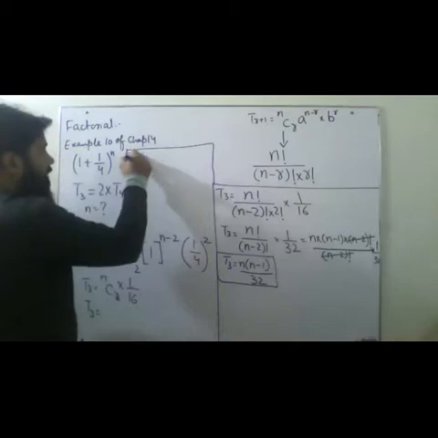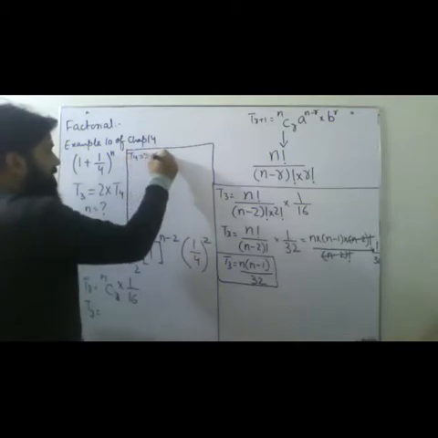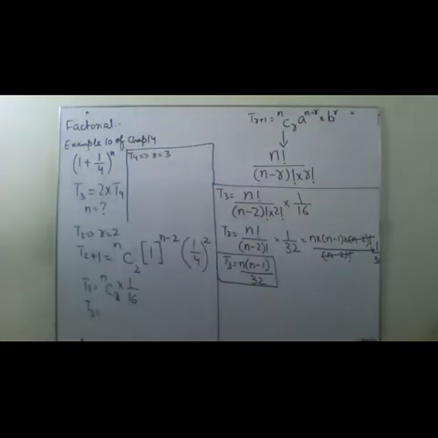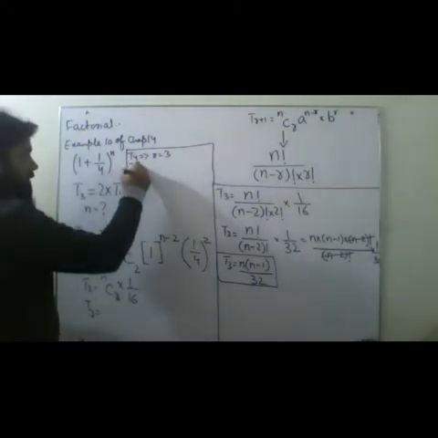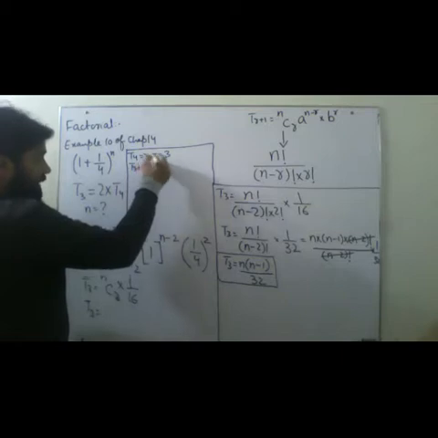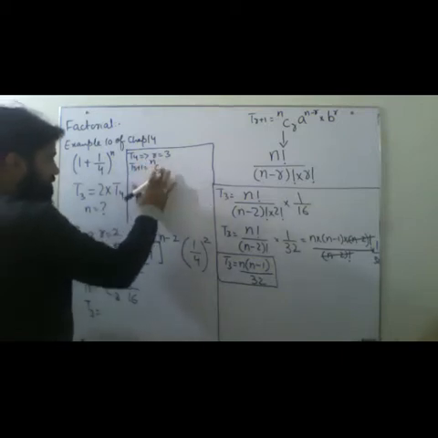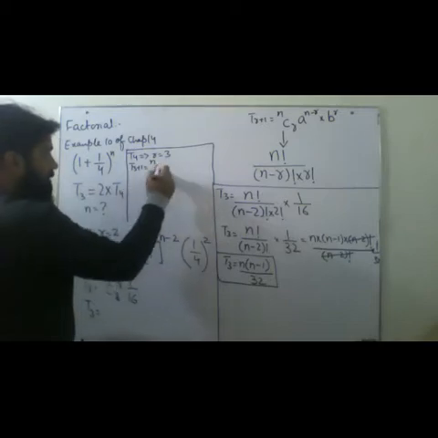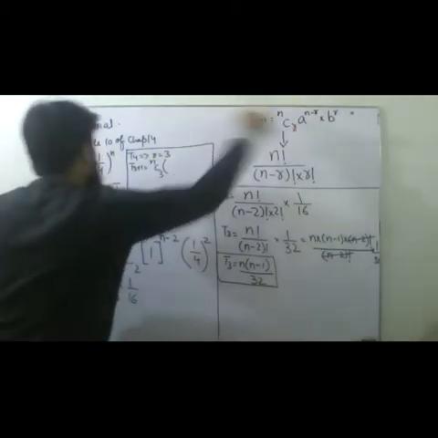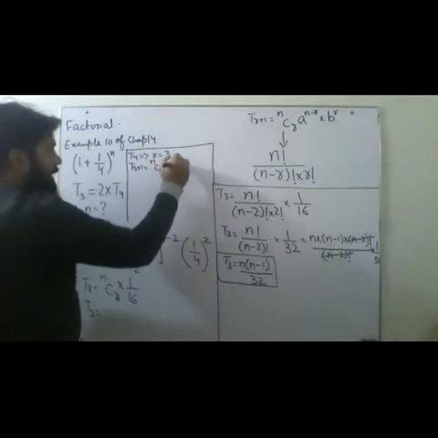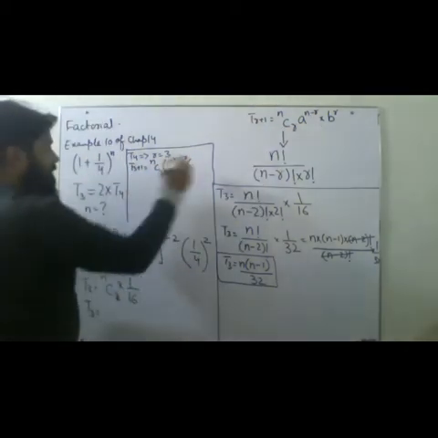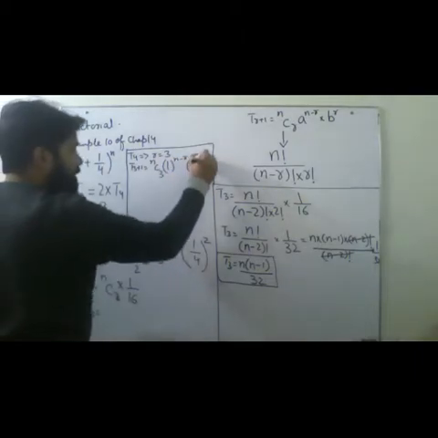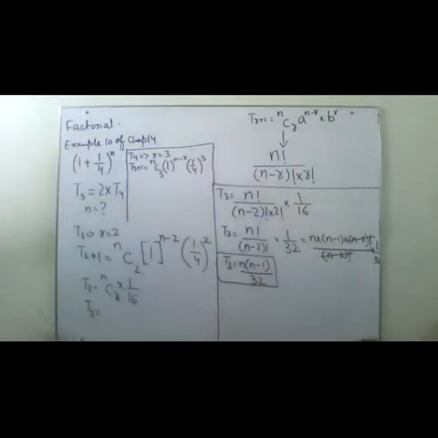When I go for T4, it means the value of r will be 3. Writing it in the form of a formula, 3 plus 1 equals... again, n is not known, nC3, a which is 1, n minus 3, b that is 1 over 4 whole power cube.